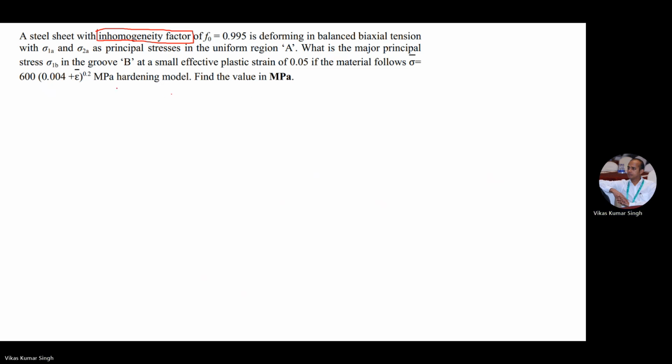One concept is there, balanced biaxial tension. We need to understand what this balanced biaxial tension is.